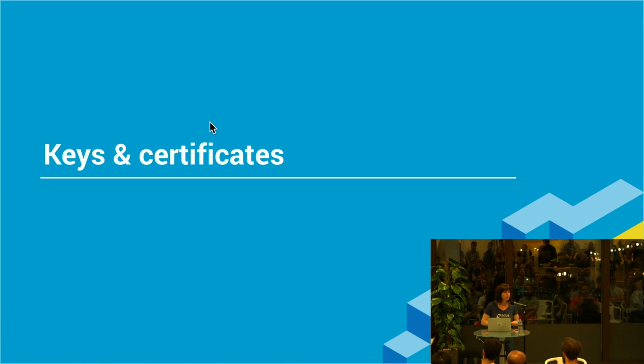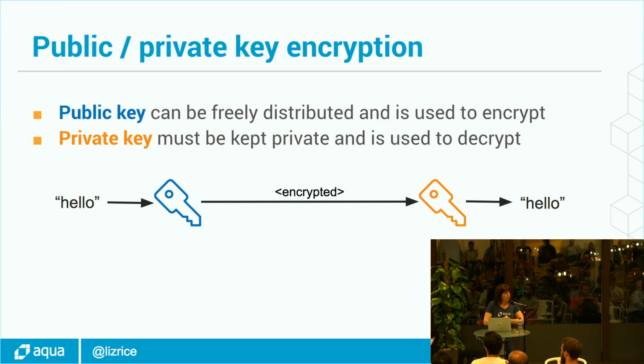and this seems like a good time to talk about keys and certificates. There's going to be a ton of this stuff that I'm sure a lot of you know, but I just want to make sure we are all completely on the same page here. So this all uses public-private key pairs, public-private key encryption. So you generate these pairs of keys.